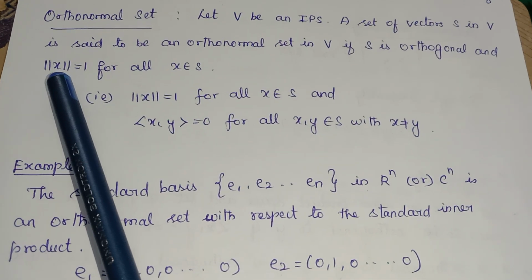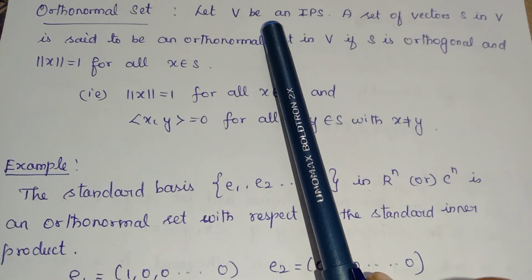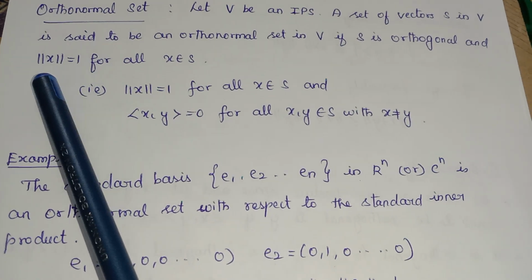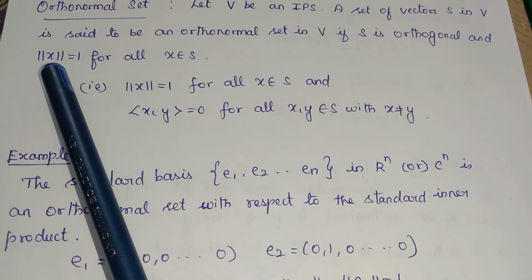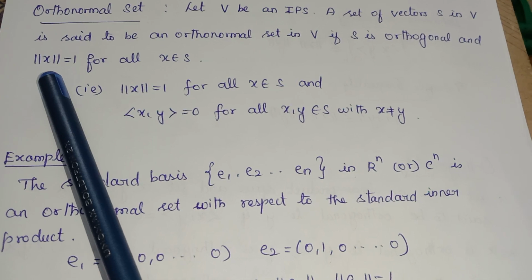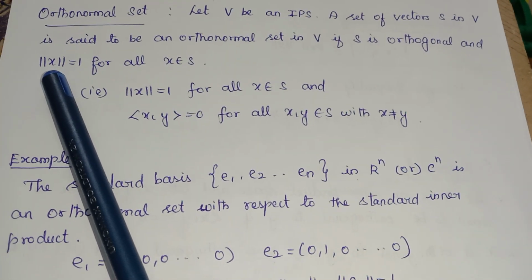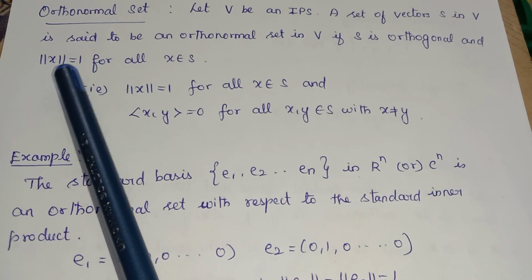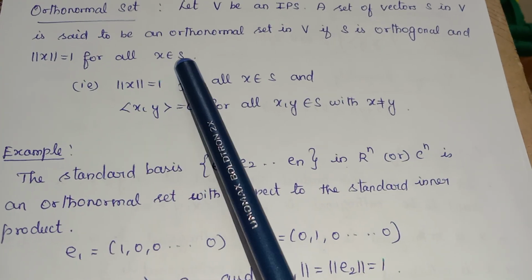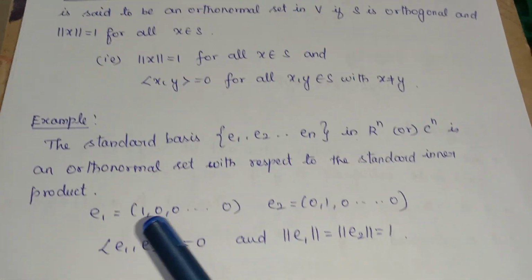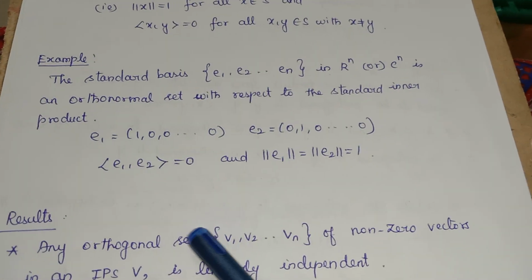Norm is otherwise also called length, isn't it? All these things we have discussed in the previous video itself. So along with orthogonality, if the norm of each vector is equal to 1, then the set S is said to be orthonormal. Now, let's see some examples.